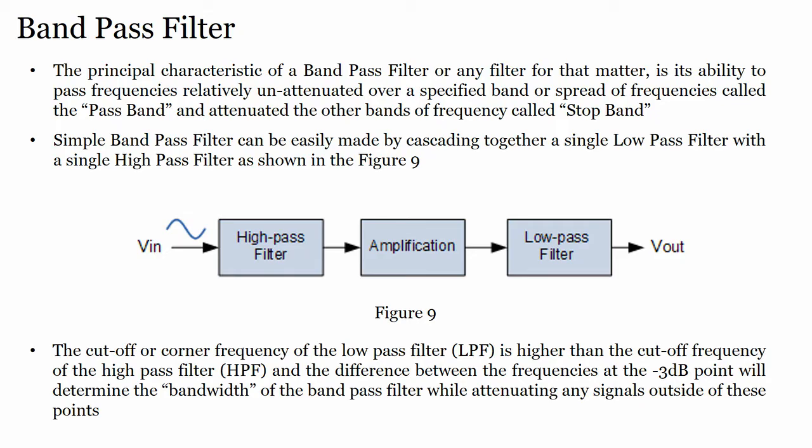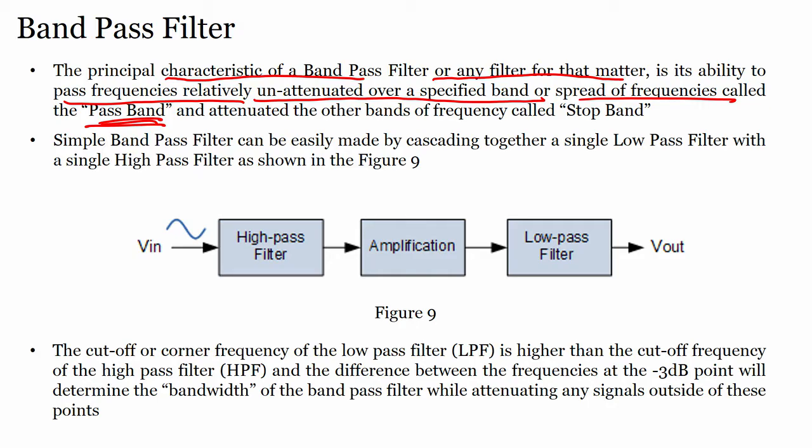The principal characteristic of a band pass filter, or any filter for that matter, is its ability to pass frequencies relatively unattenuated over a specific band or spread of frequencies called the pass band. What does that mean? A filter's basic ability is to pass frequencies relatively unattenuated for a specific band.